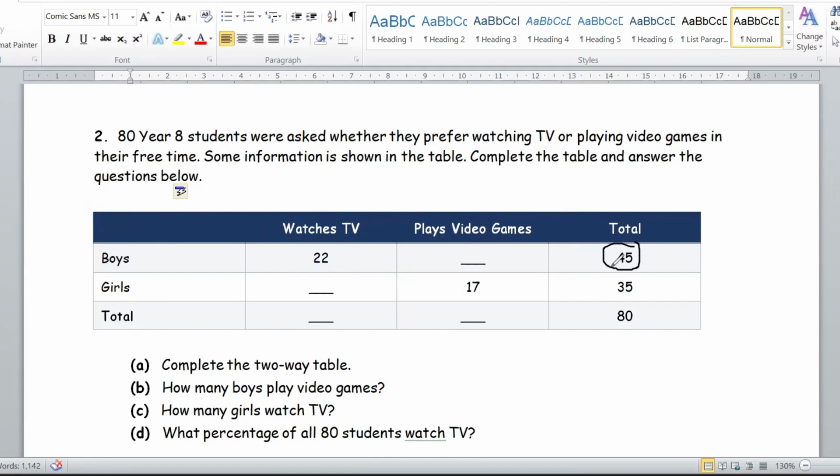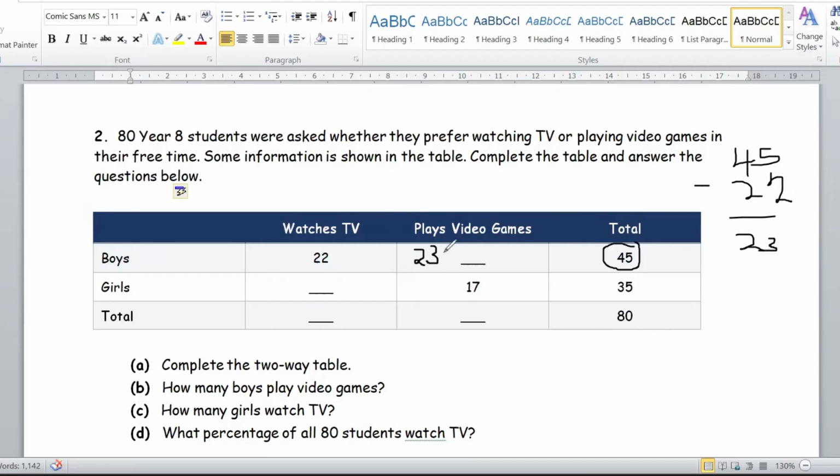So all we need to do is subtract 22 from 45. 45 minus 22, we should have 23 as our final answer. 5 minus 2 is 3, and 4 minus 2 is 2. So this should give us 23.